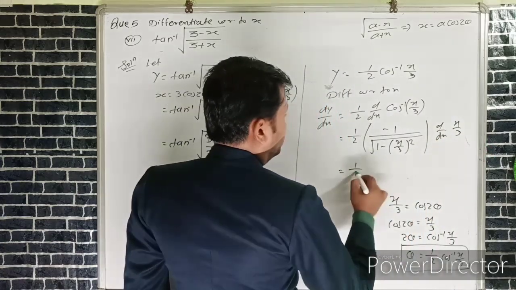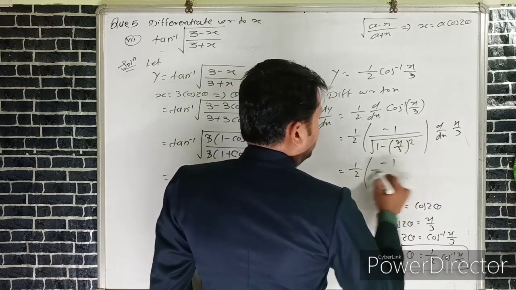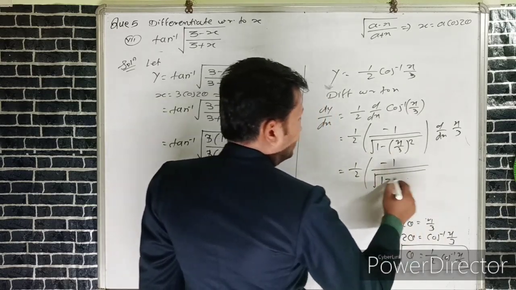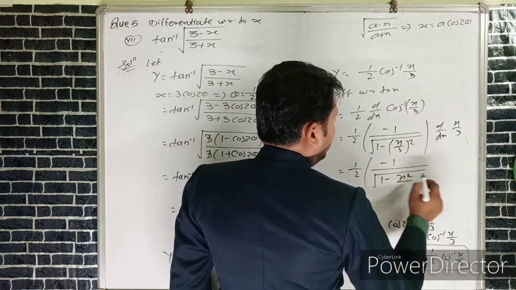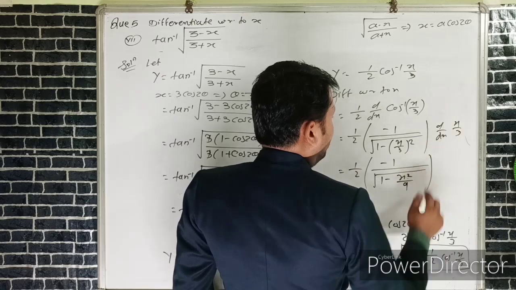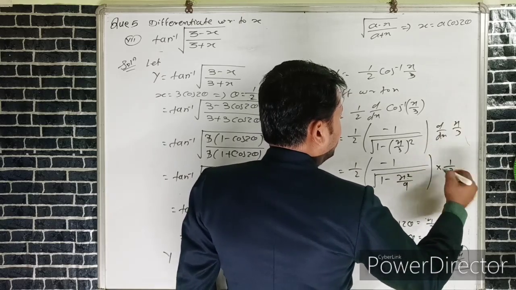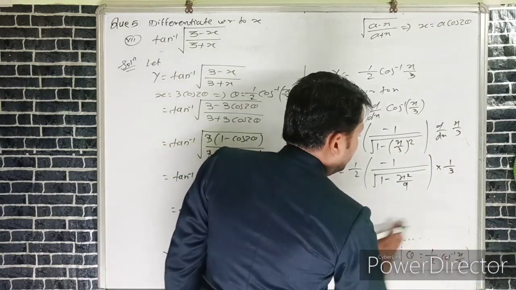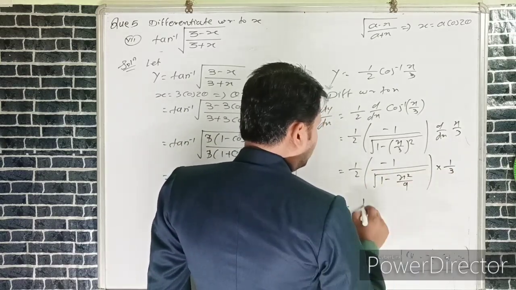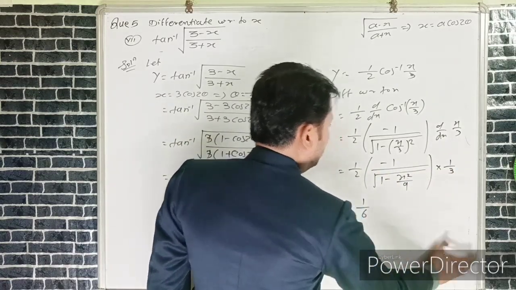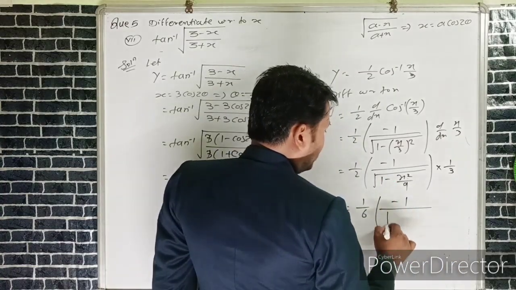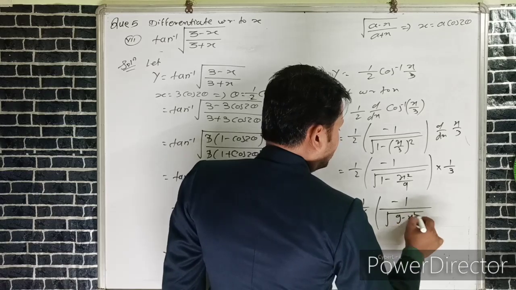Here is equal to 1 by 2 into minus 1 upon under root of 1 minus x square upon square of 3 which is 9, into again a derivative of x by 3 which is 1 by 3. Now 1 into 1 is 1, 2 into 3 is 6, 1 by 6 into minus 1 upon under root of (9 minus x square) upon 9.